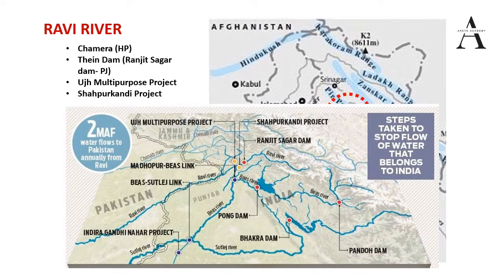In this diagram you will see the Shahpur Kandi project, so you can have a fair idea of the location. Also, the Uj multi-purpose project is built upon the Uj river, which is basically a tributary of Ravi river. This image will give you a fair understanding about other links, other dams and rivers as well.